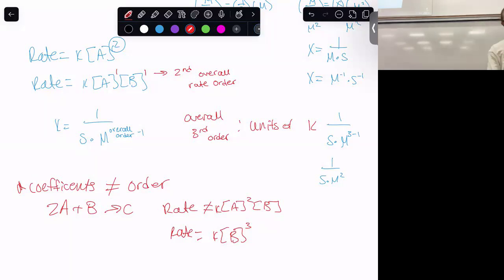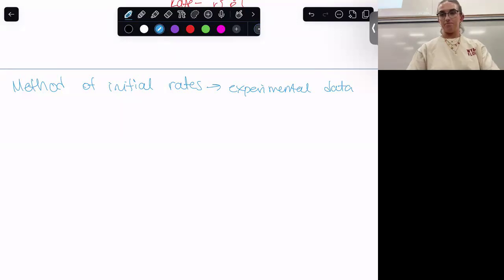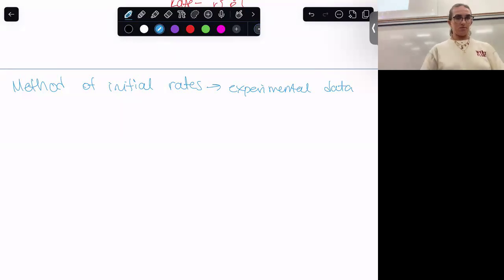Okay, so then we can talk about the method of initial rates. So this involves experimental data. Right.